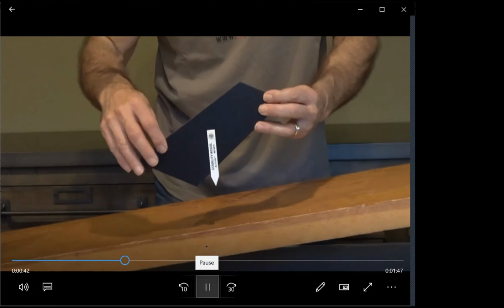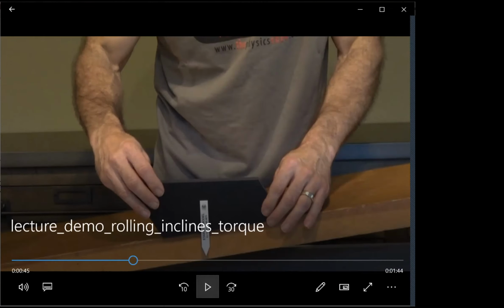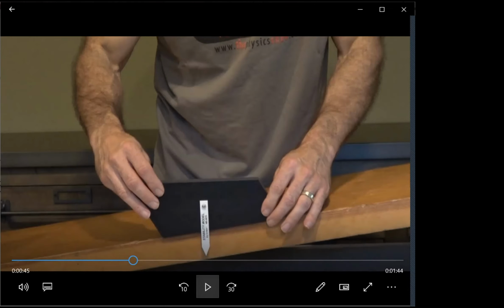Gravity pulls it towards the center of the Earth. So right here, we draw a line down from the center of mass towards the center of the Earth. That's what the white arrow is showing us. And obviously it's within the support base. This object doesn't rotate. It just stays like that.